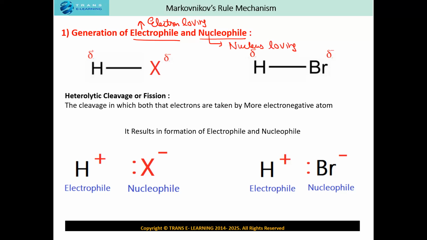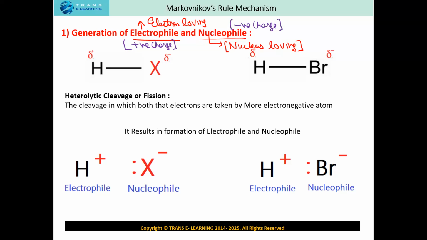I have explained this in detail in my other video. Right now, I won't discuss the different types of electrophiles and nucleophiles. Right now, for us, the electrophile is the ion with the positive charge and the nucleophile is the ion with the negative charge, right?